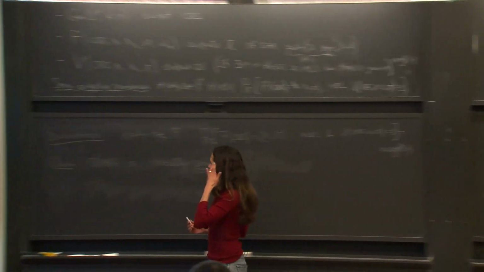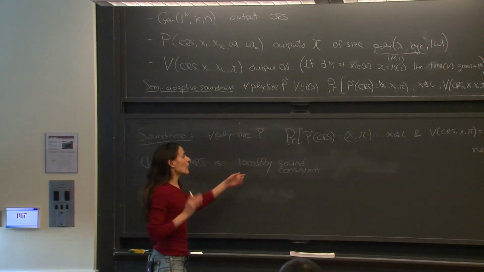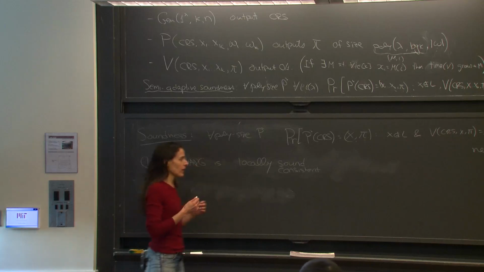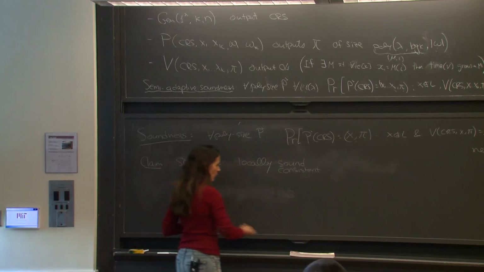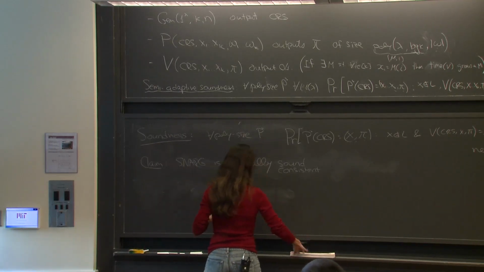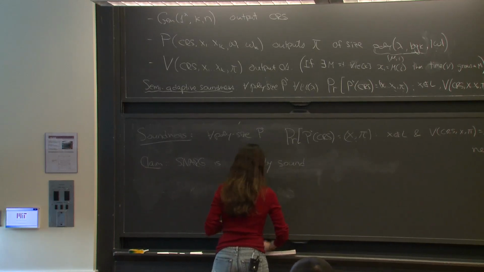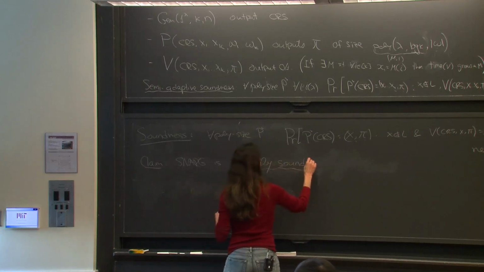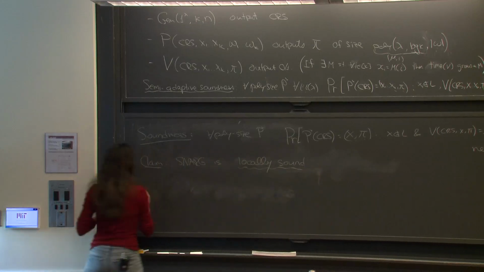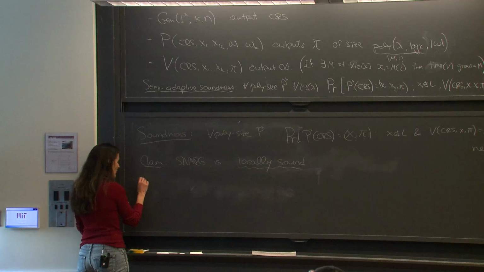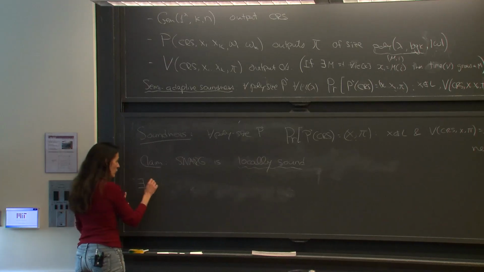Okay, so I'm going to argue that it's locally sound. And let me tell you what locally sound means. Let me first define it. So the definition: it means that there exists an extractor.